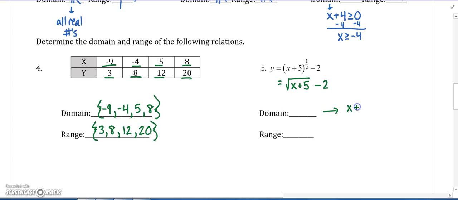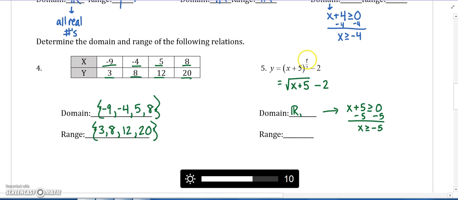So it needs to be greater than or equal to 0. If I solve that, x would have to be greater than or equal to -5. So I would say my domain is all reals, we always start with that just in case for an equation, but then x has to be greater than or equal to -5.